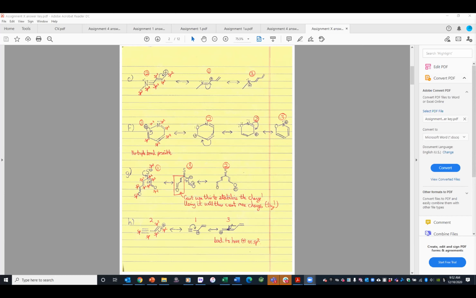If it can't do resonance, it tends to sit in an sp or sp3, one of these hybridized orbitals, depending on the hybridization of the rest of the atom. Oh, so basically, if it can do resonance, it sits in a p orbital. Okay. And I think a lot of the time we've been discussing it, we've been able to do resonance.